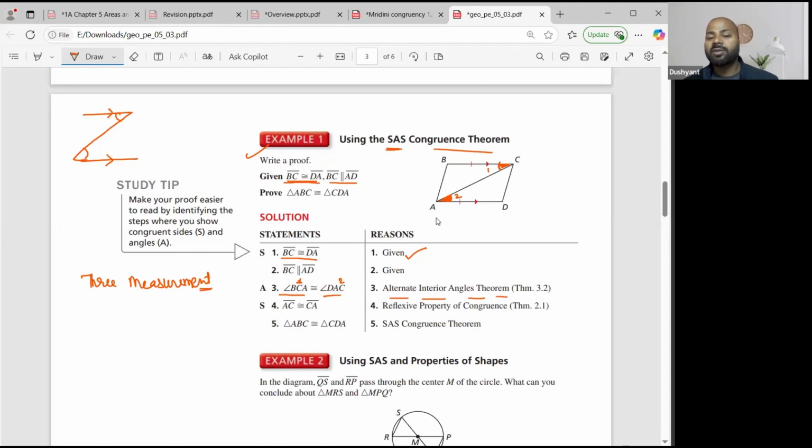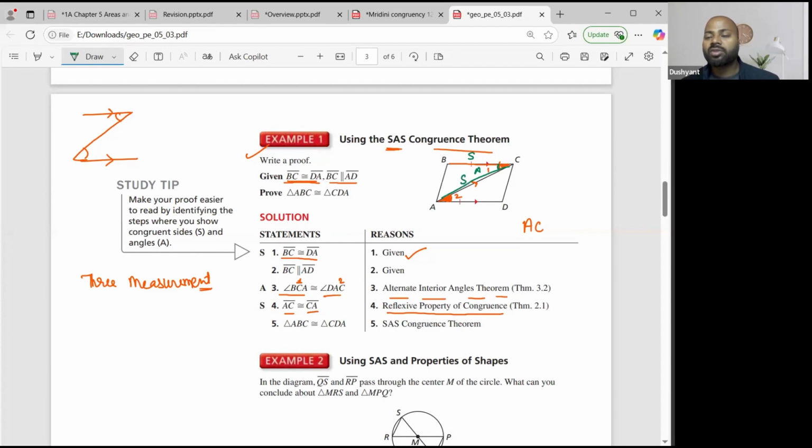Now the third one is this AC. This AC is the same in both triangles, which means AC equals CA, which is the reflexive property of congruence. Any line is equal to itself. So I have taken this side, this side, this angle, and then again this side.